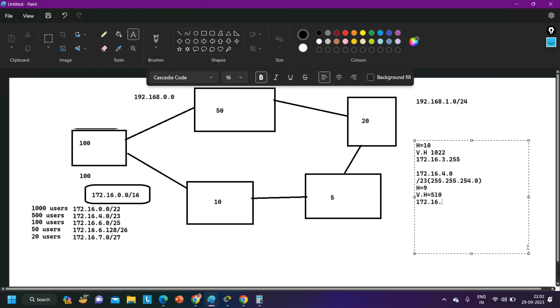The last IP is 172.16.5.255. The last IP address means broadcast ID. That is fine, because we need 500 users and here we are getting 510. Correct. For department 3 they suggested slash 25.